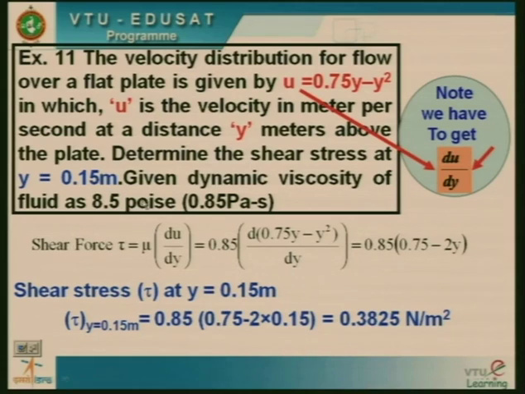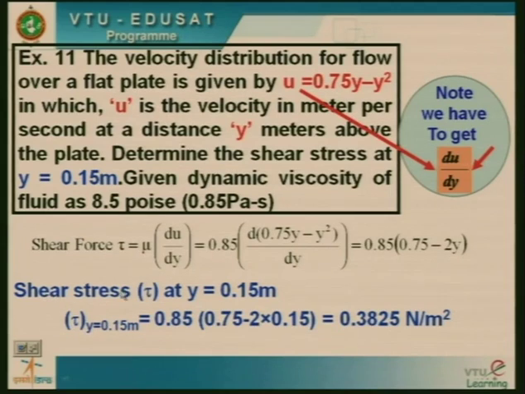He is asking you, please determine the shear stress at 0.15 meter. He is asking you to calculate the shear stress at an intermediate point. Agreed? Right. Now, we write shear stress tau at y is equal to 0.15 meter.